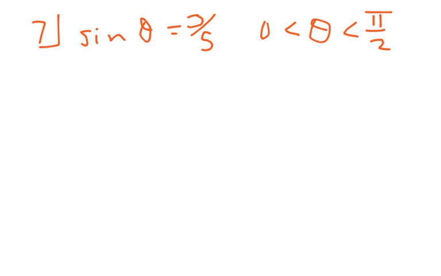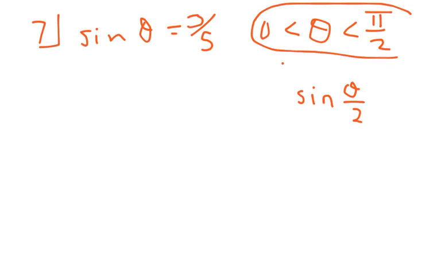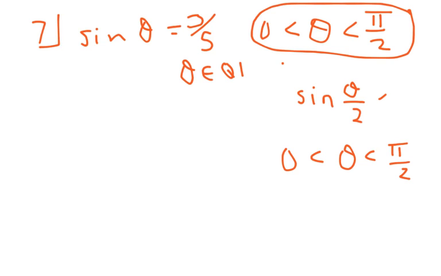Before we continue any further, when we're doing half angles, so for example, if we're trying to find sine of theta over 2, then what I have to do is take my domain here. We know that theta belongs to quadrant 1. For this one, we have 0 is less than theta is less than pi over 2.